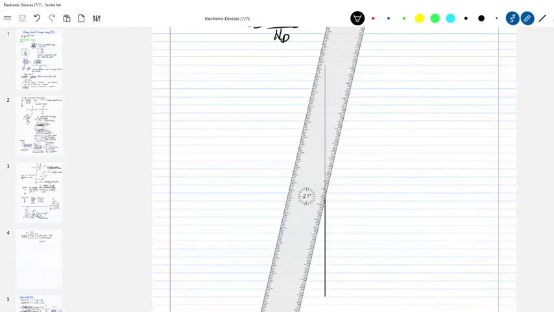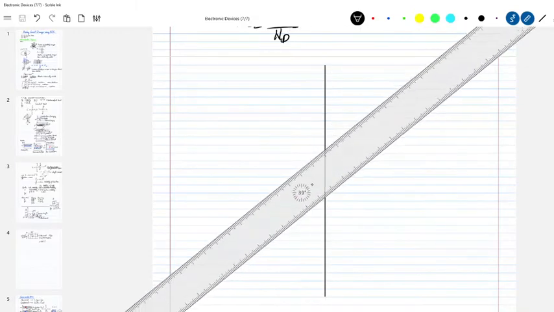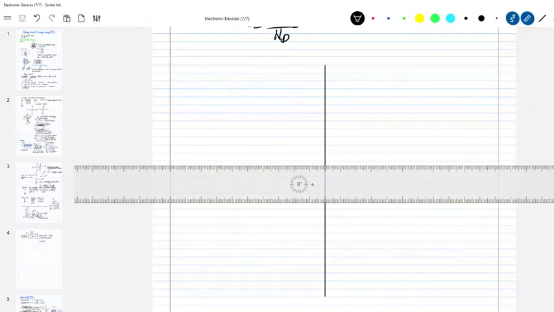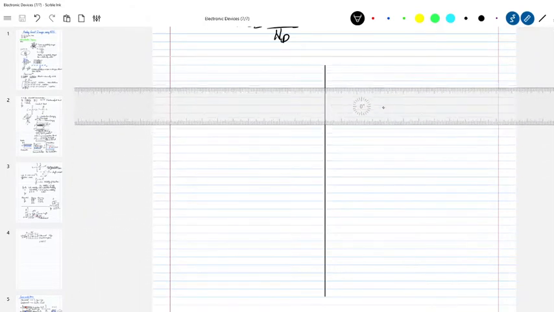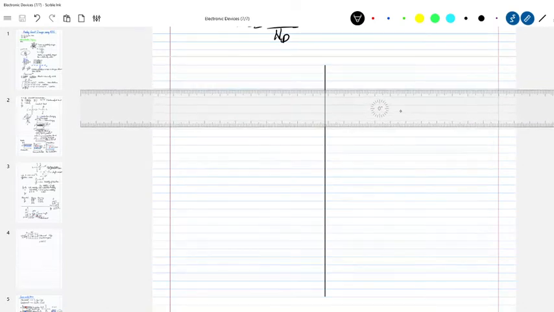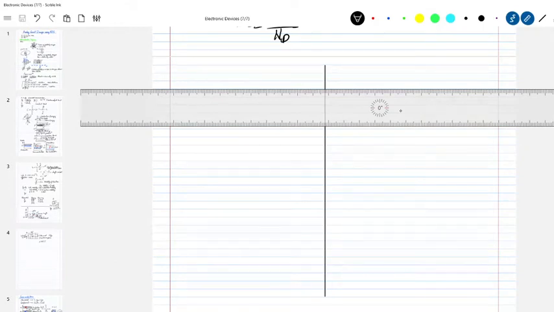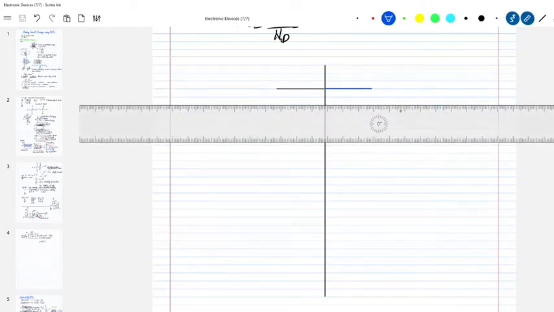One side is p-type, other side is n-type. So let's represent this as p-type here, and then there is going to be n-type over here. And this is the epitaxial junction.